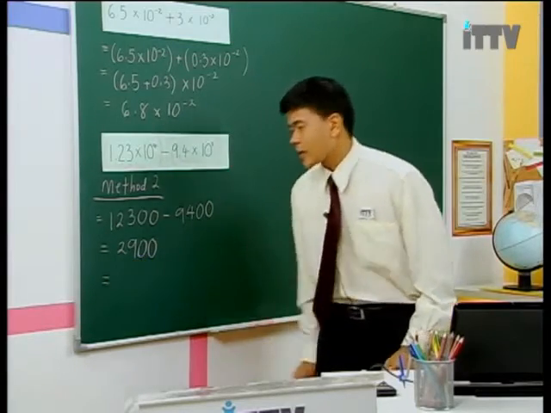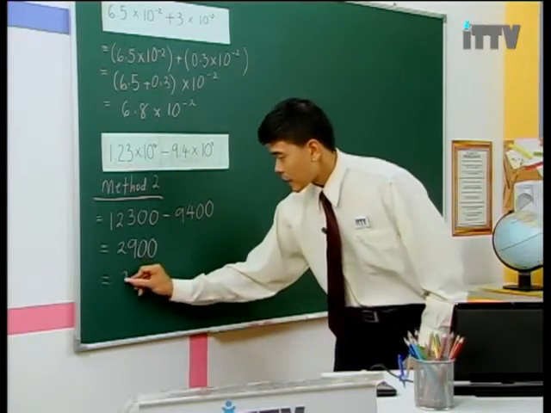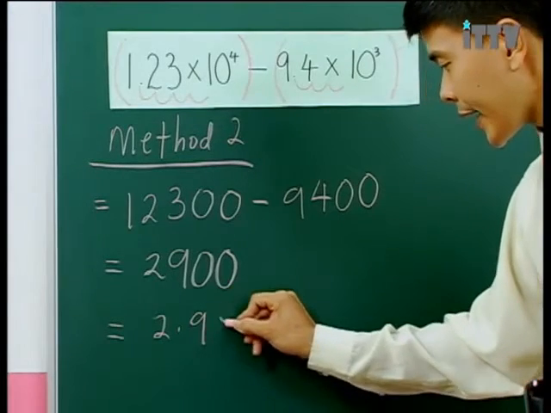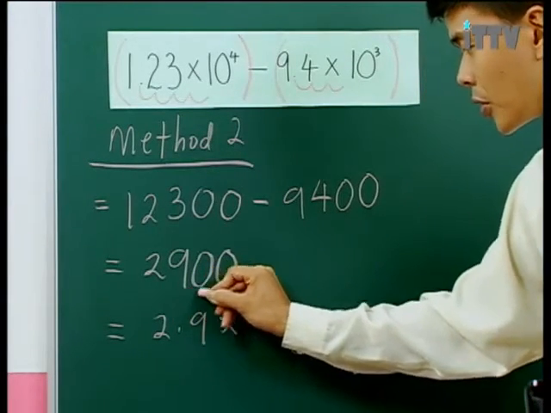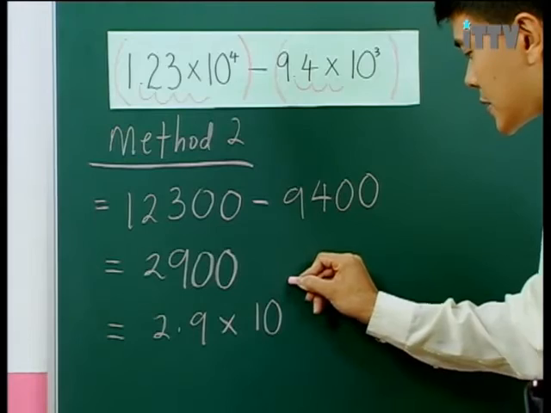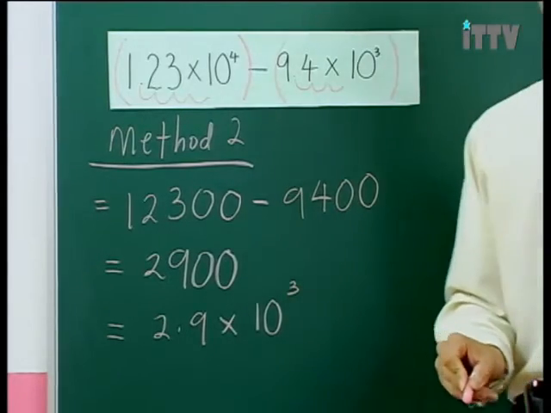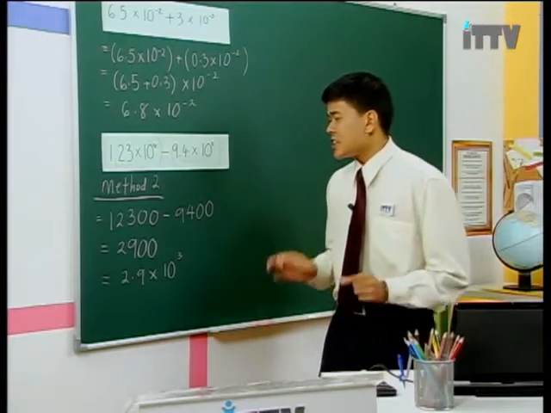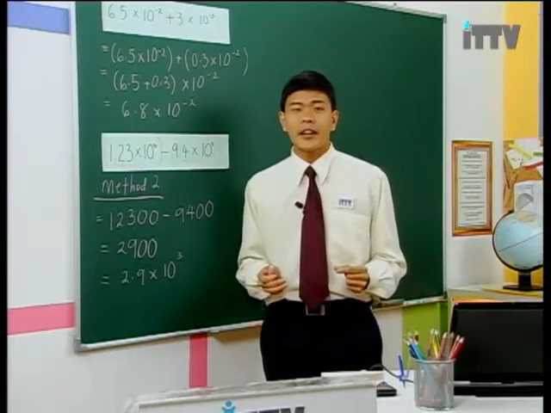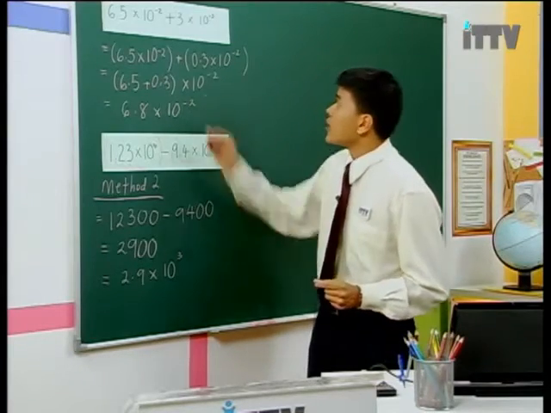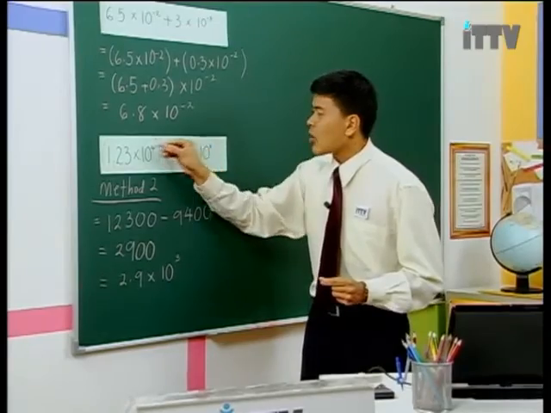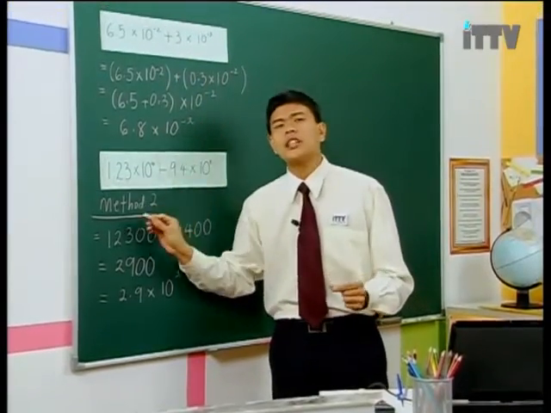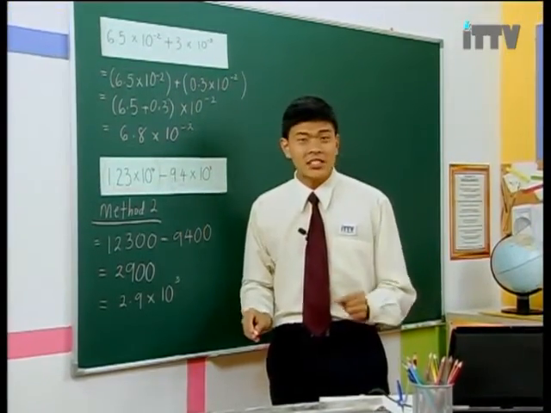So you remember how to convert? Put the point, and then we need to move 3 places to your right. Alright, so these are actually 2 methods of performing operations involving plus and minus of any 2 numbers which have already been converted to standard form.